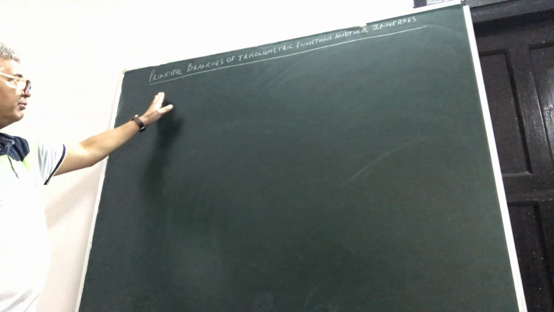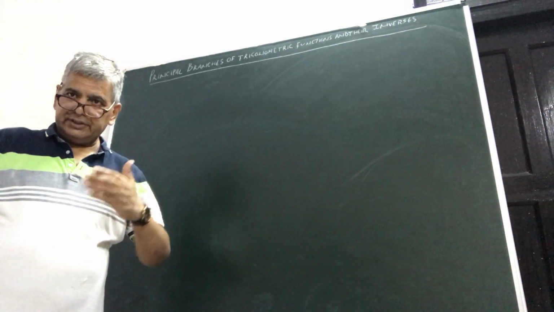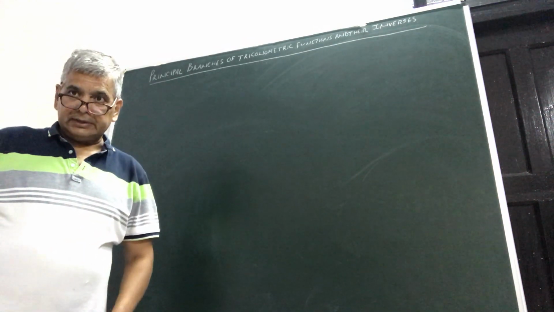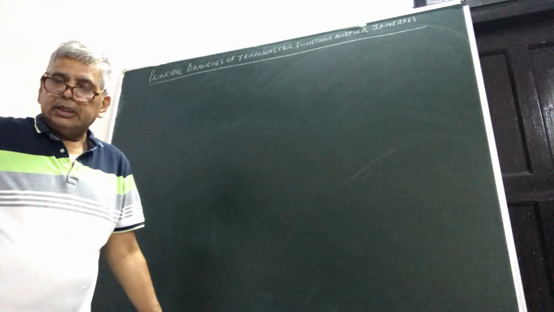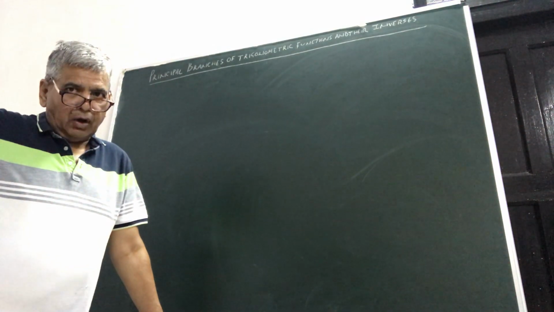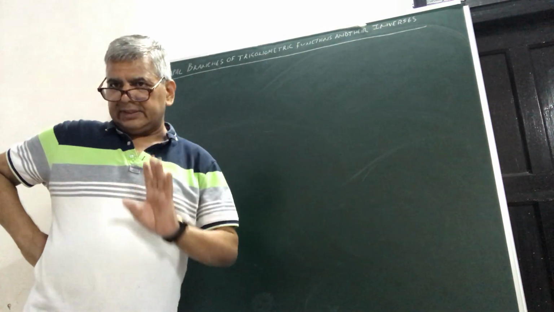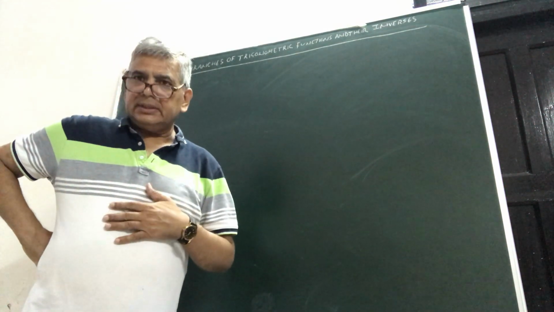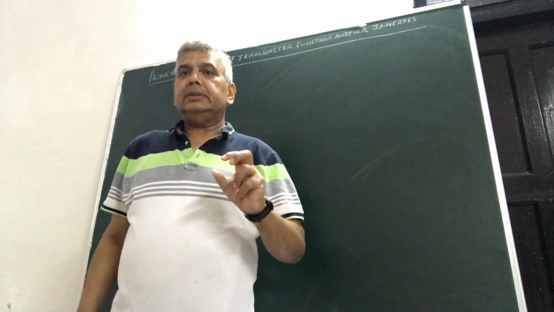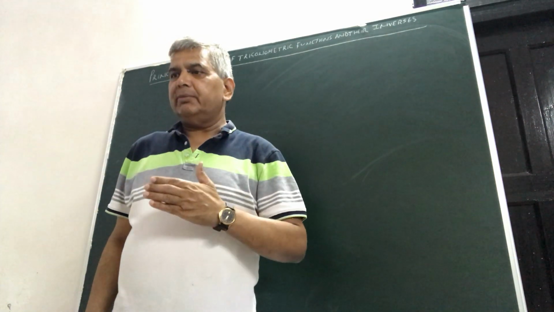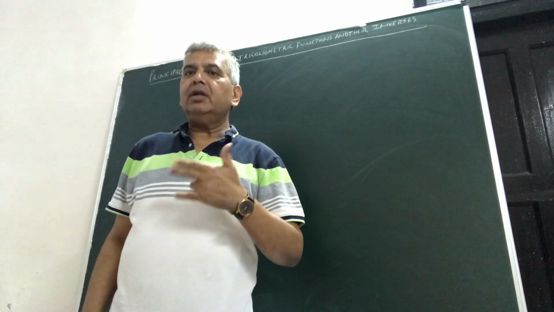So today, first of all, I am taking up all the principal branches of the trigonometric functions and their inverse functions. I will be least bothered now about the domain and range. What I will be interested in here will be only the principal branches, for the simple reason that we have already learned that a function is invertible if and only if it is bijective. Bijective means 1-1 and onto.